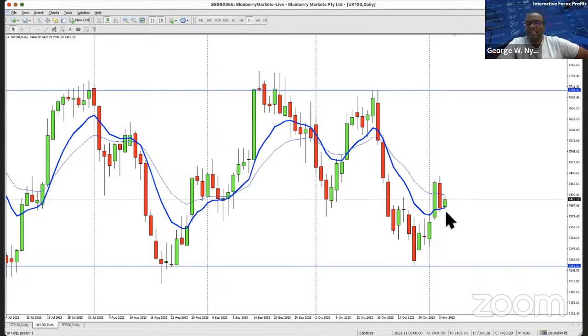So within the day, if I get a test back to these lows and a reversal up to the top, fantastic. Or even if I get a bull setup going long, I'm going to look to get into that. But if we get to this top here, I don't think we're going to get huge acceleration up without some form of going sideways, and for the market to decide what to do. I think the selling is really still controlling the market. That's my view on UK 100.